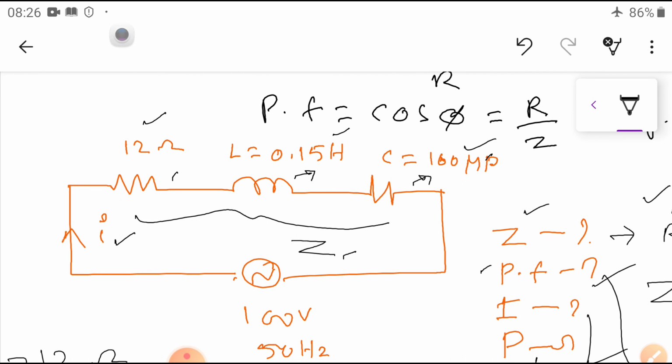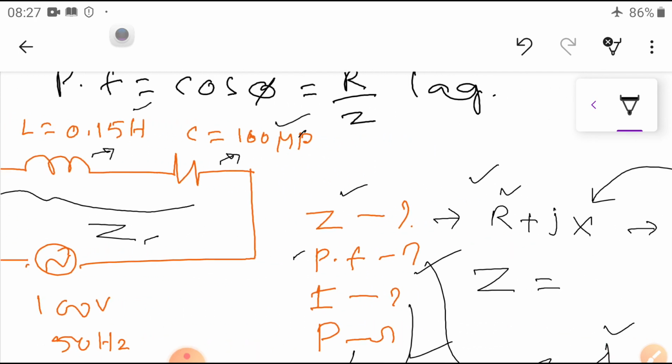So what we have seen: first we converted the henries and farads into ohmic values, as the first step. Then we calculated the impedance, then the current, then the power factor, then the power.